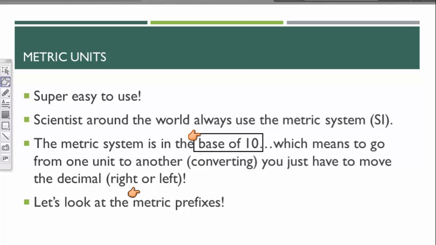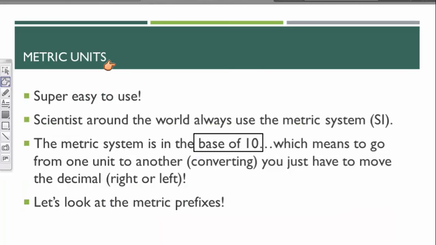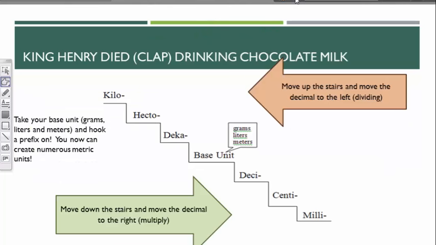Therefore, right or left. So we're going to look first at the metric prefixes because we're going to take our base units from the beginning, our liter, gram, meter, and we're going to put prefixes in the front to make a whole bunch of combinations of different metric units. So let's take a look first.